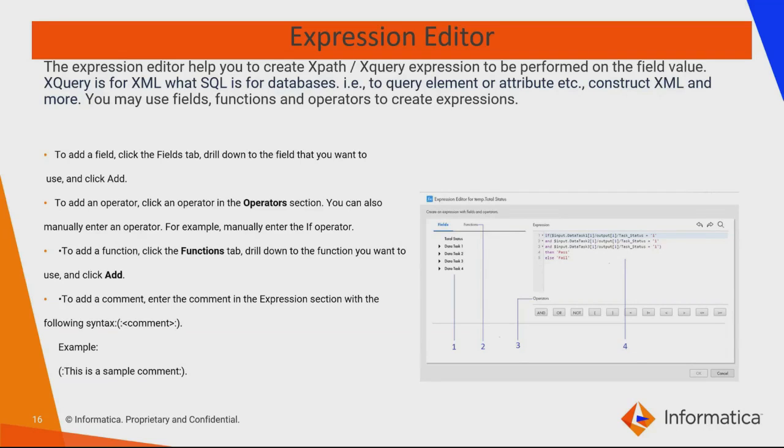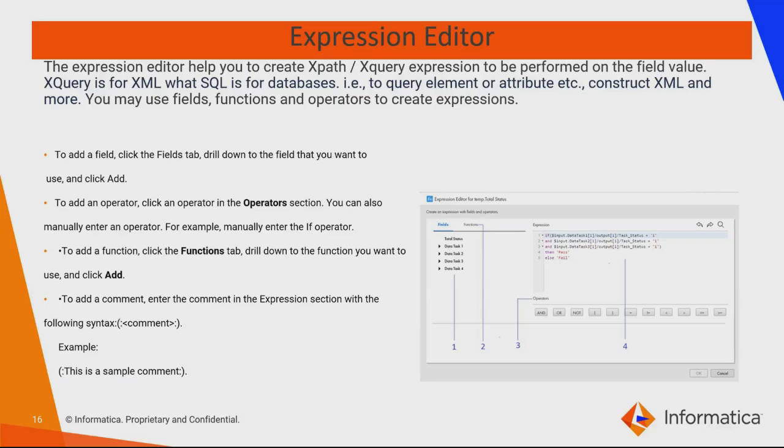The right-hand side picture shows the expression editor, which helps you to create your own expression. You can use fields which are available on the left-hand side of the picture. That is, all the input fields, temporary fields, or fields from a data task.